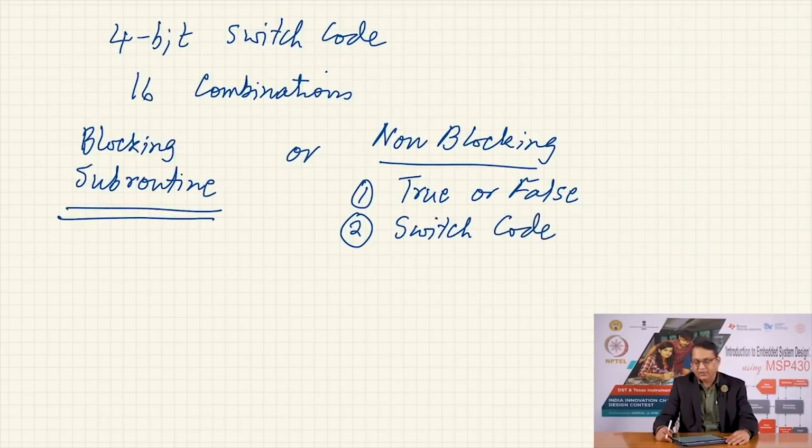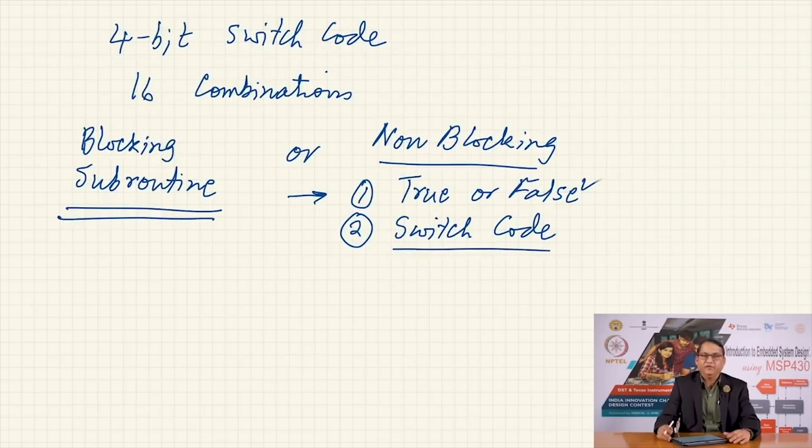What is the interpretation? The non-blocking subroutine will wait for a default amount of time for the user to press a switch. If during that time the user does not press a switch, it will return to the main program with the first value set to false to indicate that no switch was pressed, and in fact there is a timeout, and the value of switch code will be ignored by the main program.